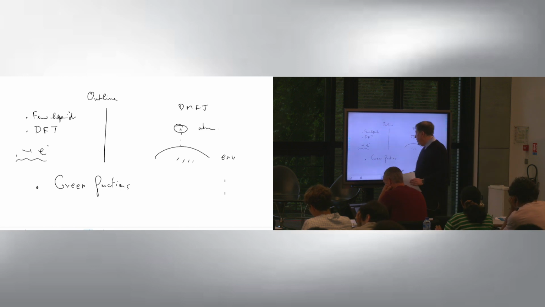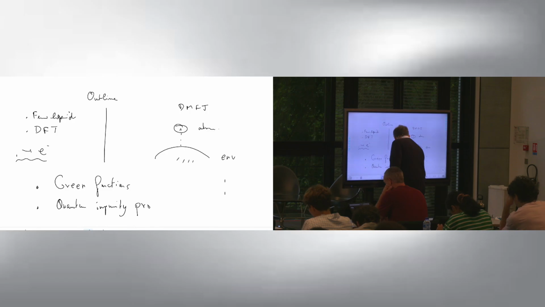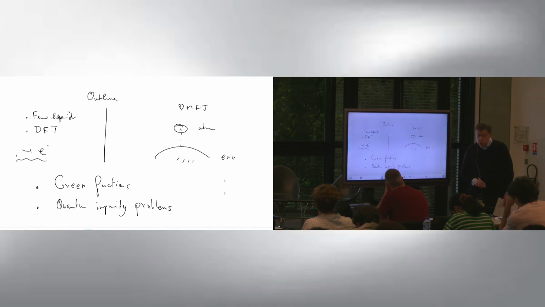And the second part, that will be the last part of today's lecture, hopefully, or maybe part tomorrow, will be the quantum impurity problem. So these will be the two parts which I'm going to give.